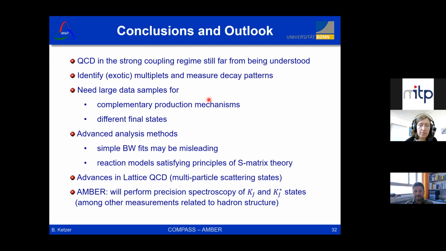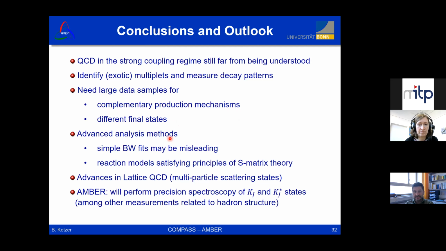We need large data samples for complementary production mechanisms. So that makes GlueX and JLab, of course, important, because photoproduction is an important production mechanism, and this is also seen, for example, in the Pi 1 1600, which does not seem to be photoproduced at JLab.